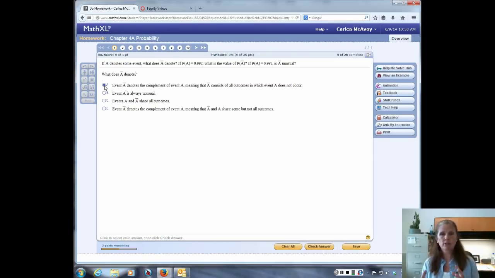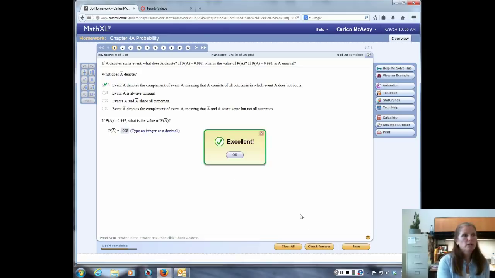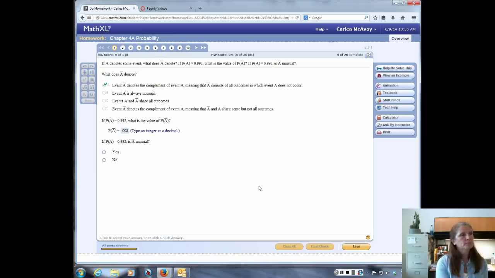Well, 2 events that are complementary make up the entire sample space, and the sample space adds up to 1. So in order to figure out what the rest of the sample space is, you just take 1 minus that. I'm going to do that without showing you because I feel pretty confident you could all do that on your calculator. 1 minus 0.992 gives me 0.008. And that's going to be the complement, and those 2 things add up.